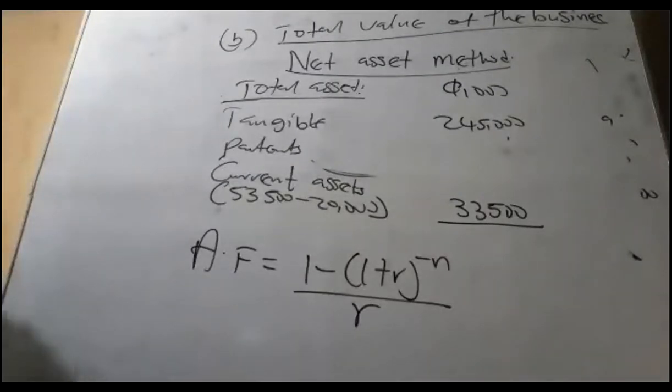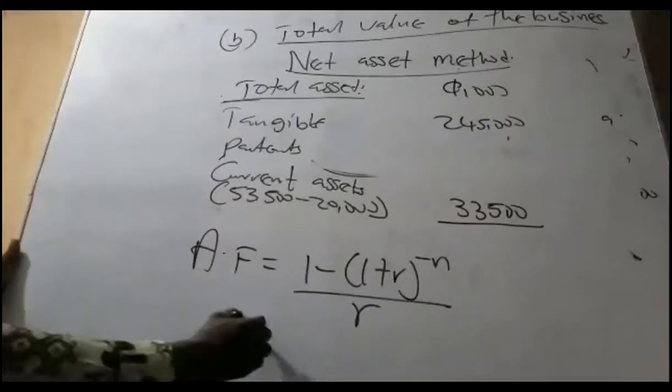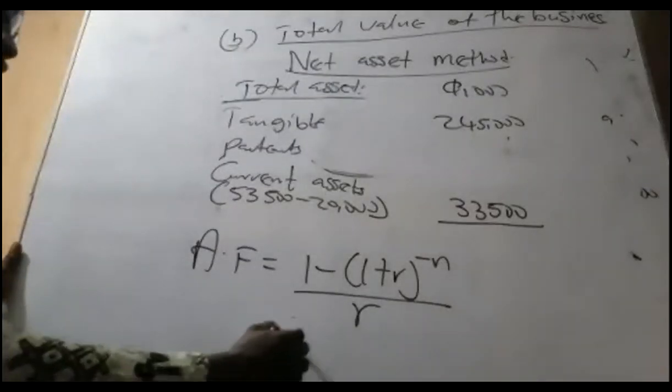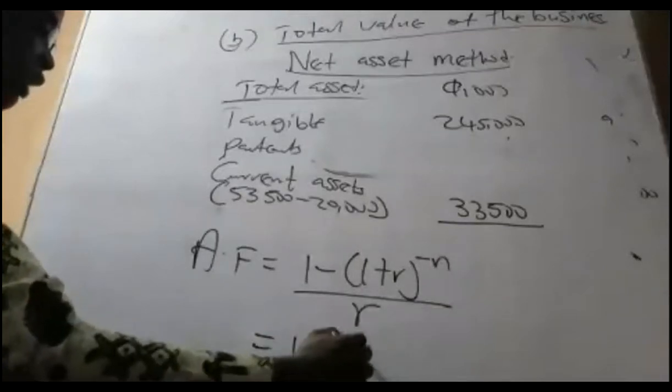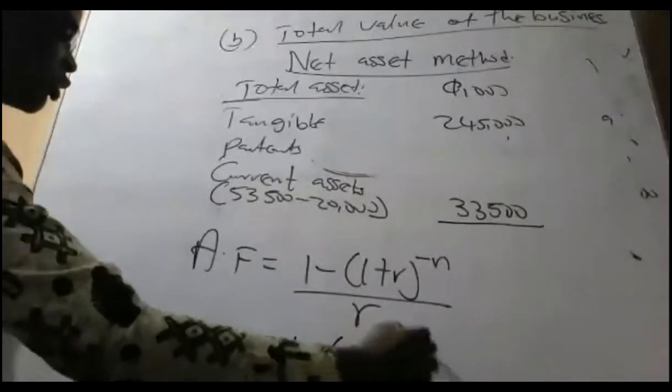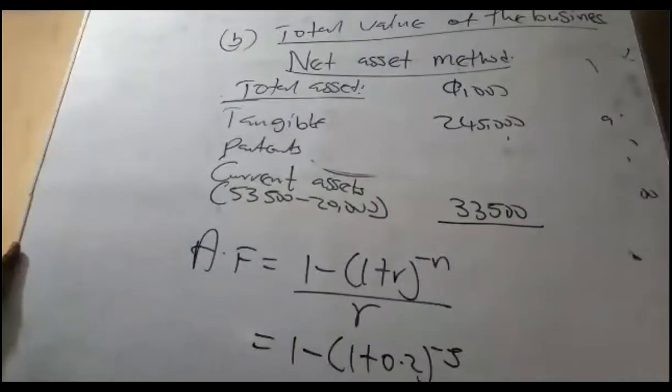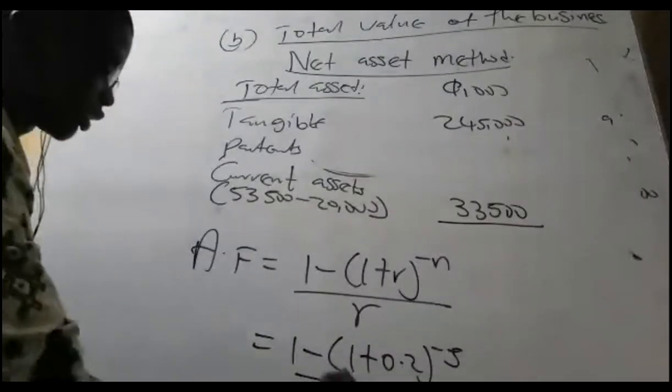For this one, the ordinary calculators cannot do, only the scientific, the MX or the FX. To be 1 minus bracket 1 plus 0.2 to the power minus 5, all divided by 0.2.